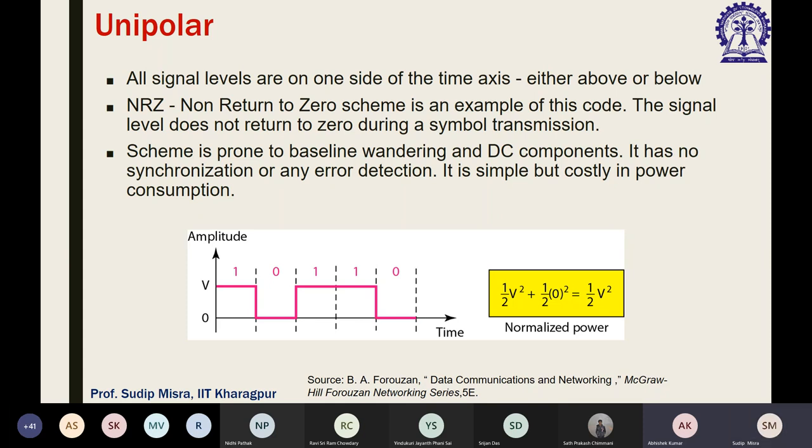So now let us try to understand these different terms. Baseline wandering. Please take a note of it. What is baseline wandering? We first need to understand what the baseline is. When you are sending digital signals, the receiver keeps a baseline.